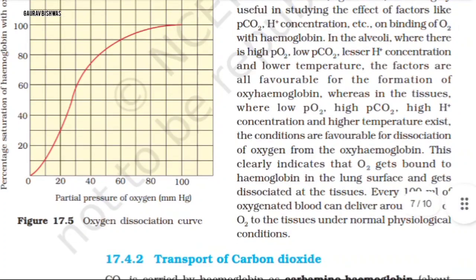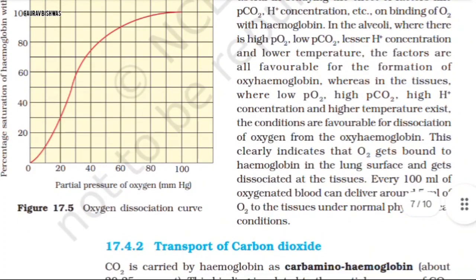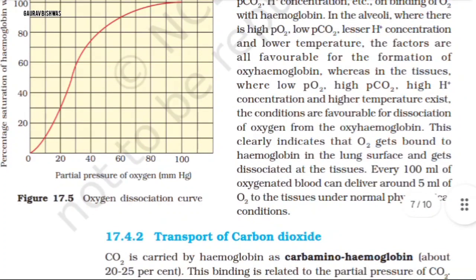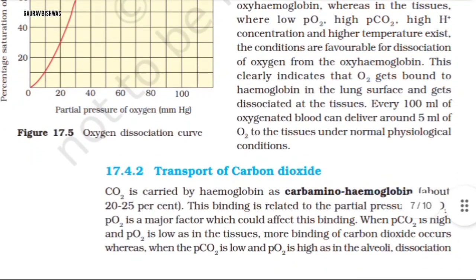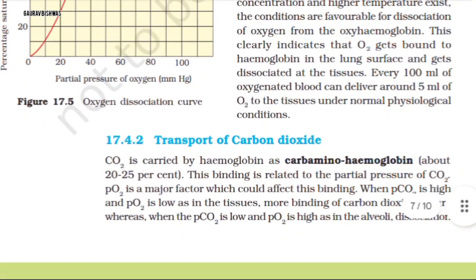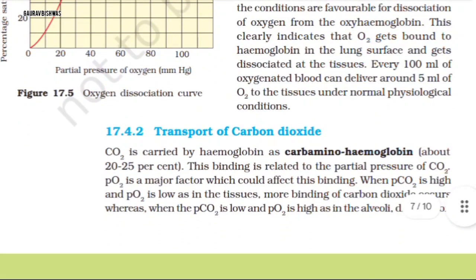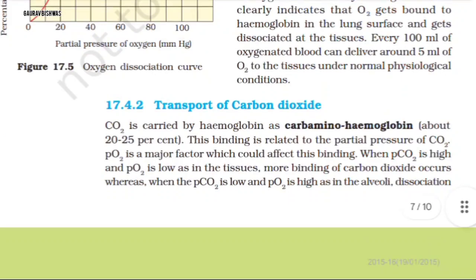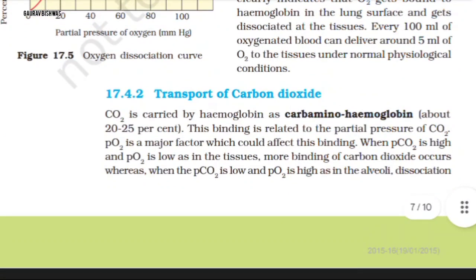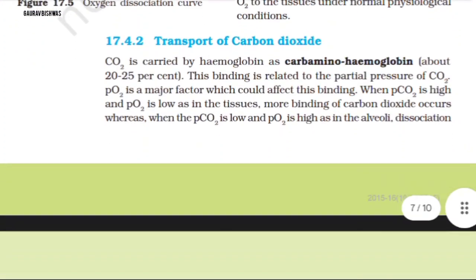Whereas in the tissue, where there is low partial pressure of oxygen, high partial pressure of carbon dioxide, high H+ concentration and higher temperature, the conditions are favorable for dissociation of oxygen from oxyhemoglobin. This clearly indicates that oxygen gets bound to hemoglobin at the lung surface and gets dissociated at the tissue. Every 100 ml of oxygenated blood can deliver around 5 ml of oxygen to the tissue under normal physiological conditions.